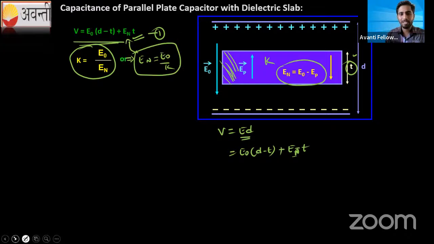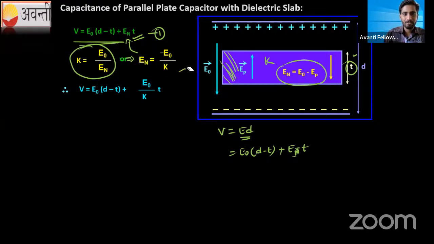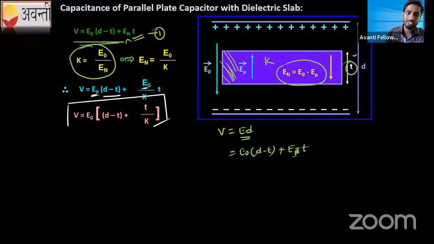Substituting, we get V is equal to E naught into D minus T as itself, plus in place of En, E naught by K. E naught is common in both terms, so I will take it outside. The remaining terms are D minus T plus T by K. We got the potential.